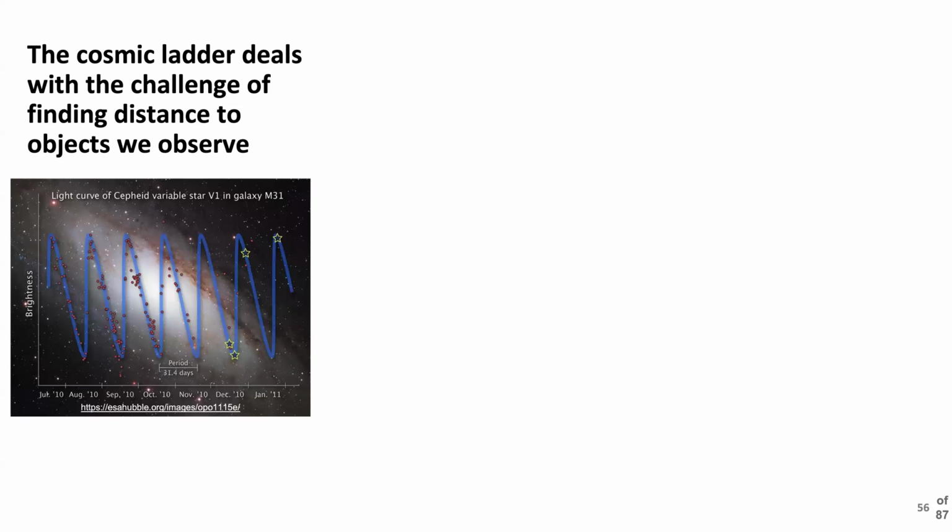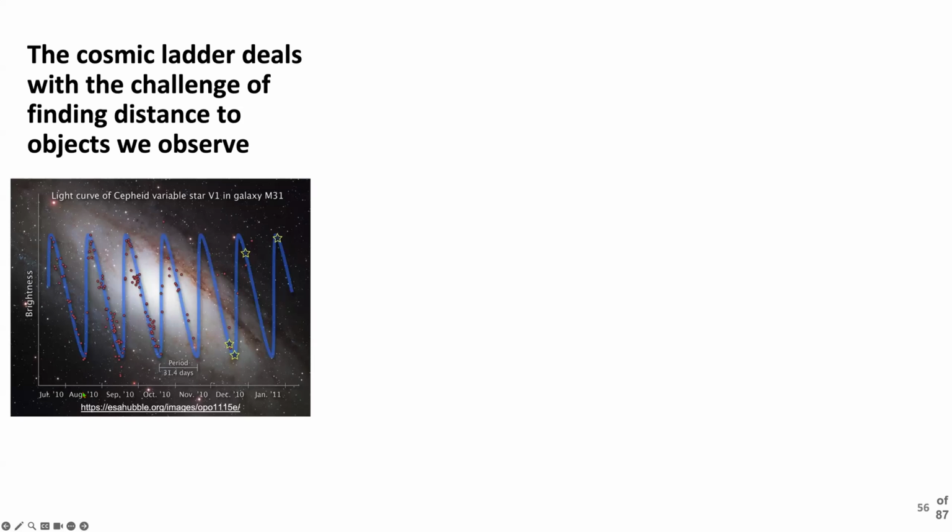What you need to get the distance to an object is some measure of brightness of an object that we understand. And the object that's most important to us in understanding how to get distance is a so-called Cepheid variable star.